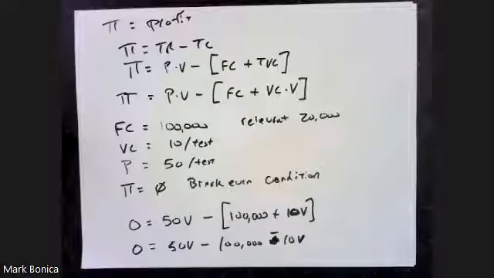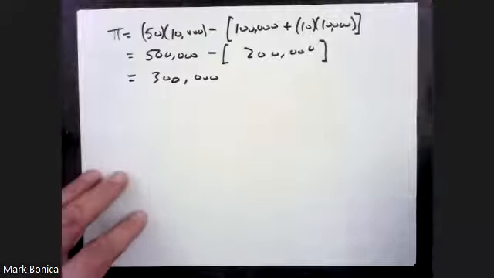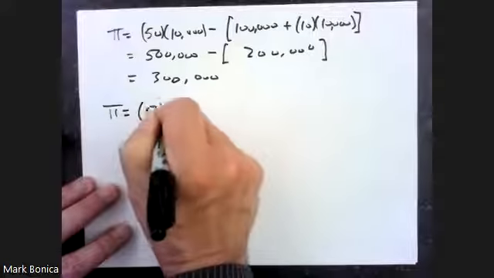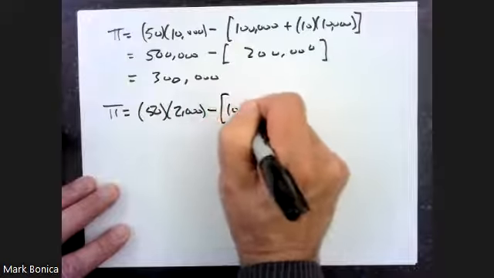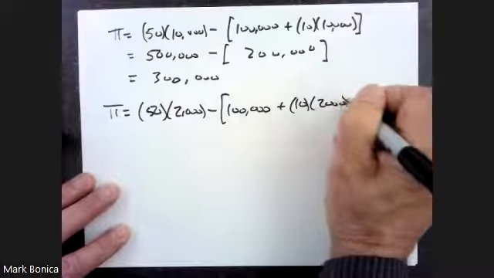So 2,000. So now we're just plugging 2,000 in for volume. All right. I'm just going to go ahead and do it. So still $50 times 2,000 now, minus 100,000 in fixed cost plus 10 times 2,000.